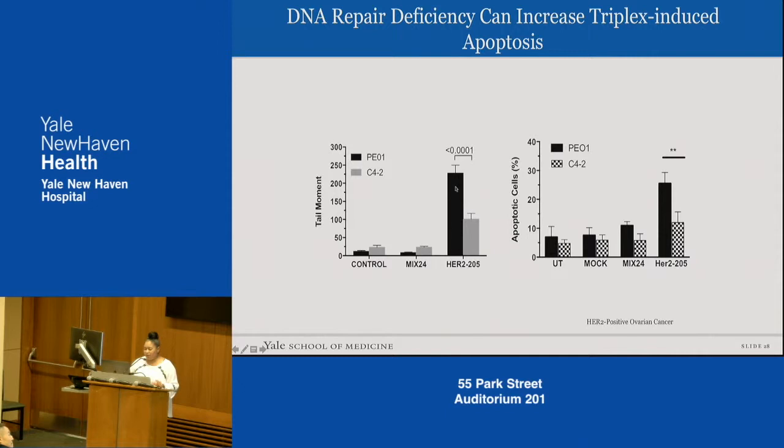Using ovarian cancer cells that are BRCA proficient and deficient, we find that not only can we increase the DNA damage, but also have an increase in the amount of apoptosis. So we think that as a means to improve drug efficacy, we can not only look at improving drug delivery, but if we can manipulate DNA repair in some ways, we can also boost the efficacy.